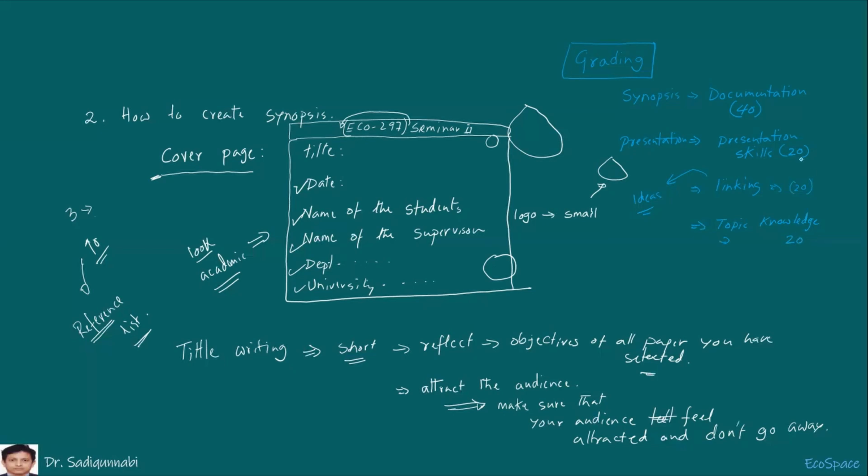So 20, 20, 20, 60, and 40. Okay. All right. So this is the mark distribution. You are getting marks from this course. Up to this, I have given you some ideas about Examiner 2.